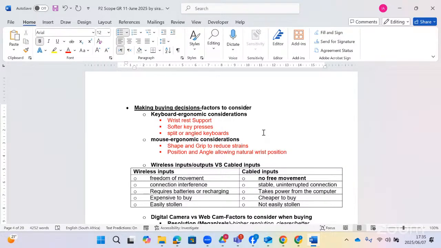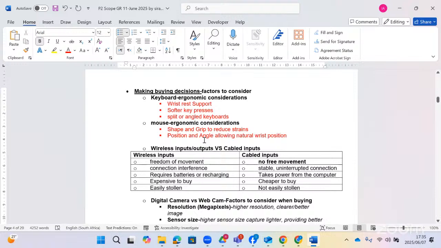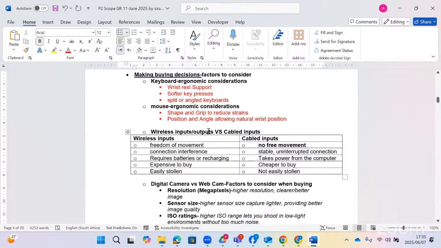In other words, it must have wrist rest support, softer key press, and a split or angled keyboard. Then the mouse also, you must check the ergonomics, whether the shape and grip reduce strain, and the position and angle allow a natural wrist position. So you must consider that as well.